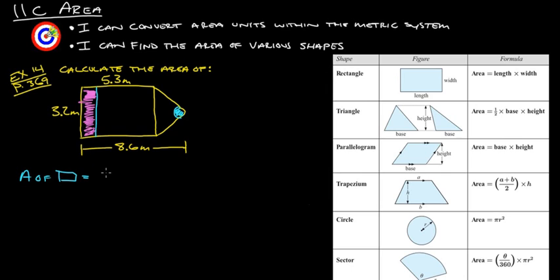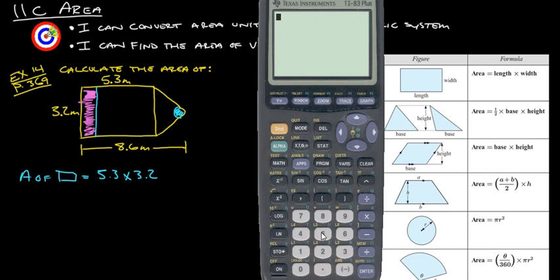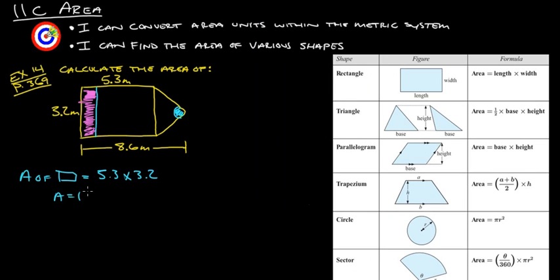You have to use your imagination on that. 5.3 times 3.2. Alright, so let's calculate that. 5.3 times 3.2 gives us 16.96 square meters.